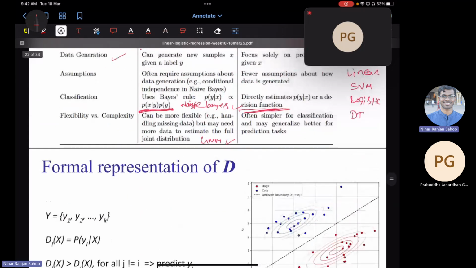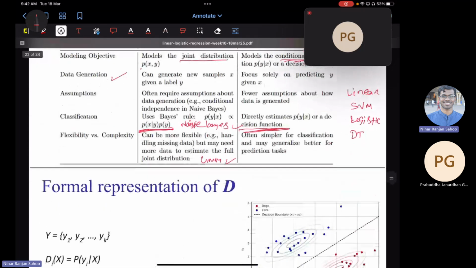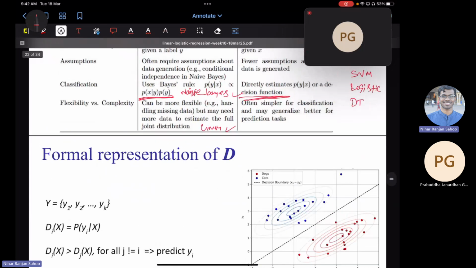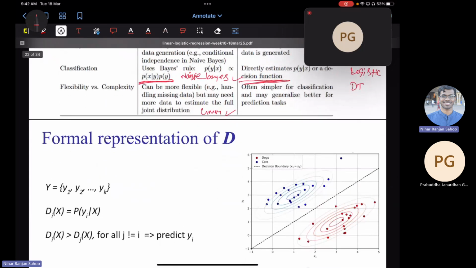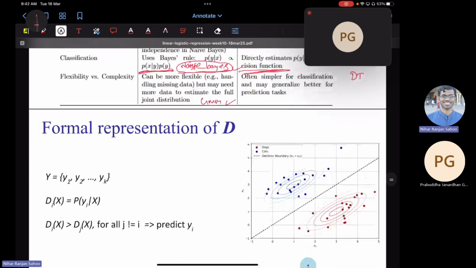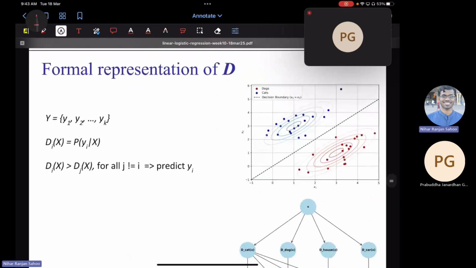So now coming to the complete, thorough discussion on the discriminative task. For your syllabus, if possible, we will only discuss one generative algorithm, that is Naive Bayes, and apart from that, we will only discuss the discriminative algorithms. So what is the formal mathematical representation of a discriminative algorithm?